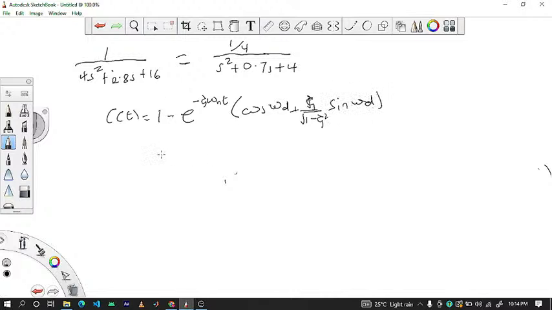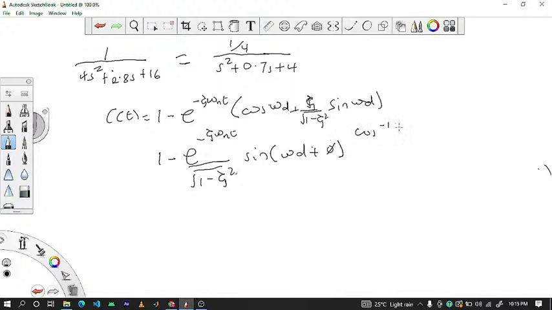Now when you try to simplify this, you get 1 minus e to the negative zeta omega n t over square root of 1 minus zeta squared times sine of omega d t plus phi, where phi is cos inverse of zeta. That's your simplification.